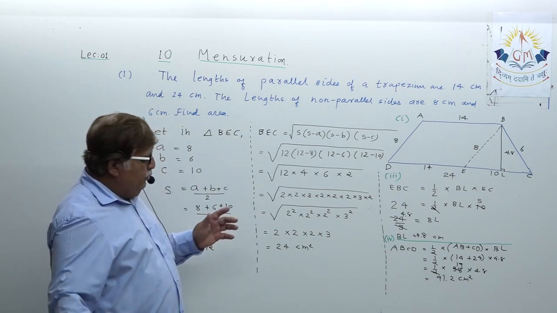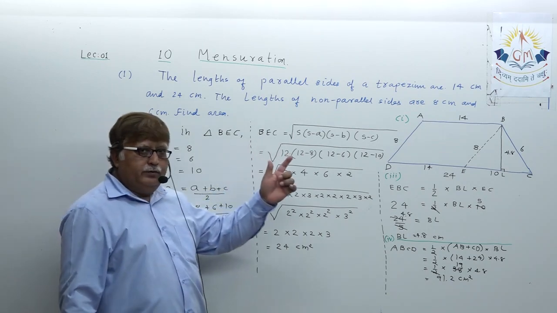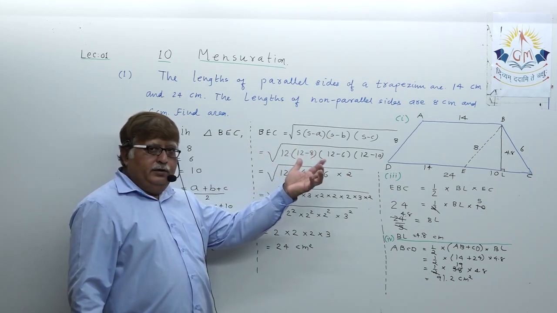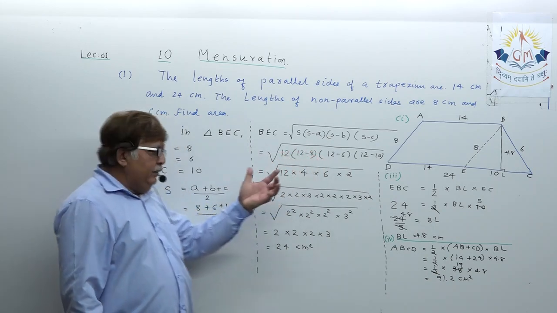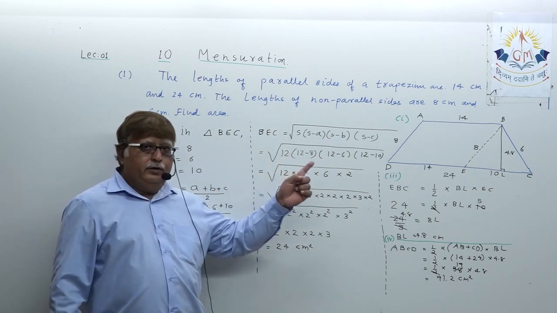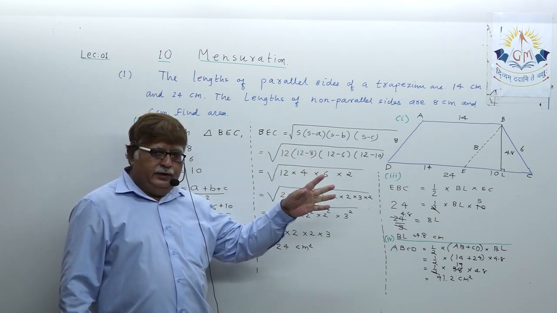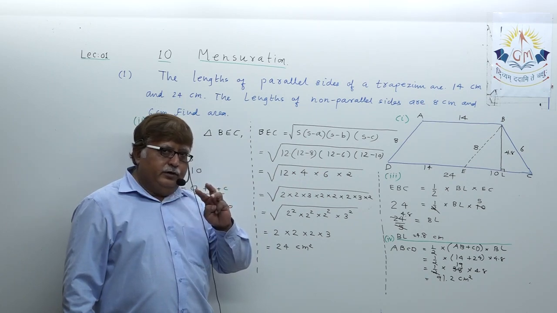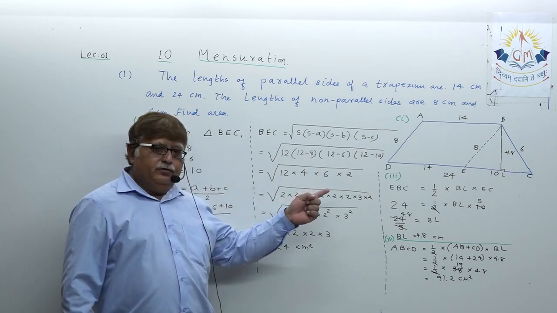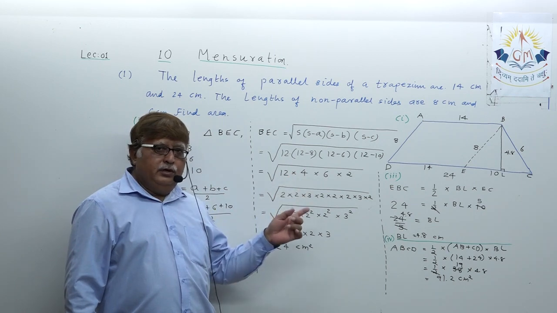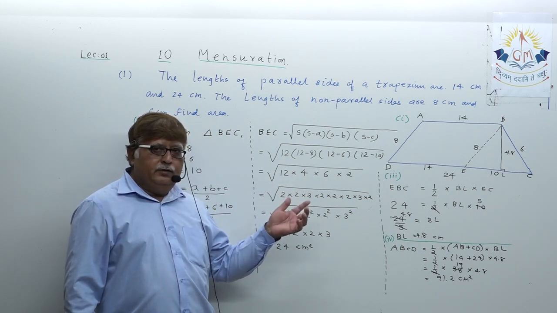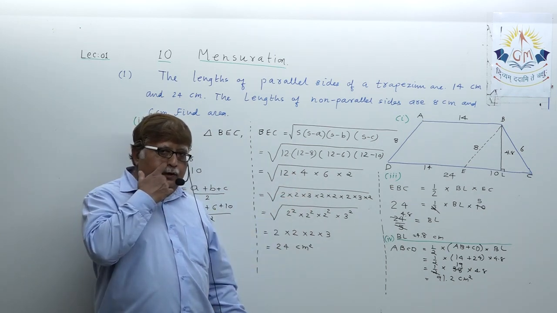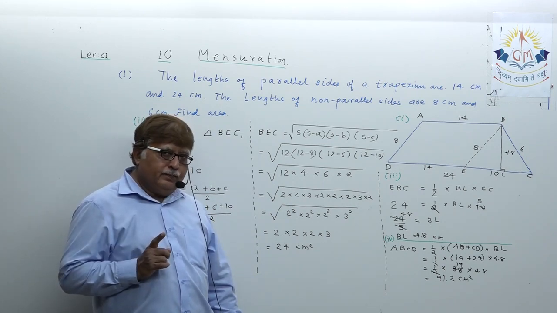So you need to concentrate first on whatever is required in the diagram. Second, complete concentration on the triangle. Find the area of the triangle. Third stage, utilize that old formula of area of triangle, half altitude into base.